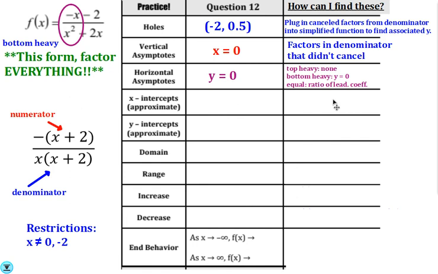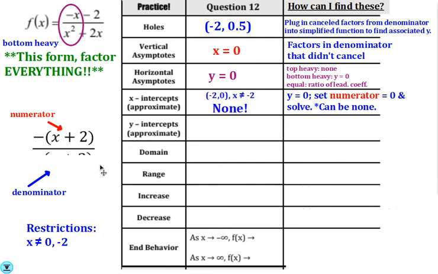Your x-intercepts: set the numerator equal to 0 and solve. So what eventually ends up happening is you set y equal to 0 and you put it over 1, and then you cross multiply. So your denominator kind of cancels itself out because it gets multiplied by 0. So that's why we only need to pay attention to the numerator. So if we set that equal to 0 and solve, we're going to get negative 2, 0.